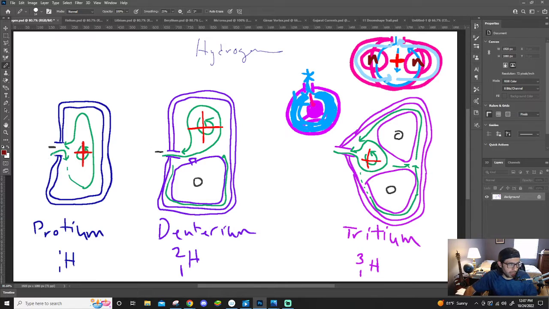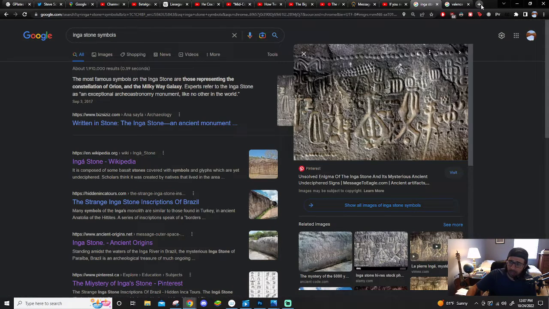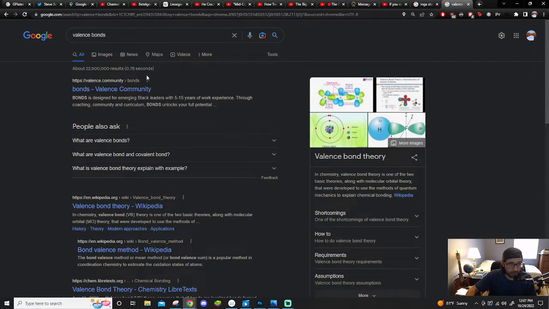Okay, so back to hydrogen though, like this general concept that it has an inlet and an outlet that are the same place. Why would that matter? Because I was looking at valence bonds.